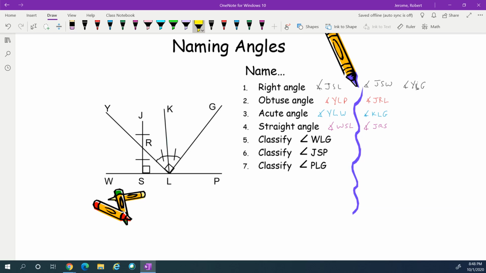Classifying angles. Remember, acute, right, obtuse, straight. So let's find the angle. Trace the letters in order. WLG. And that's definitely obtuse.